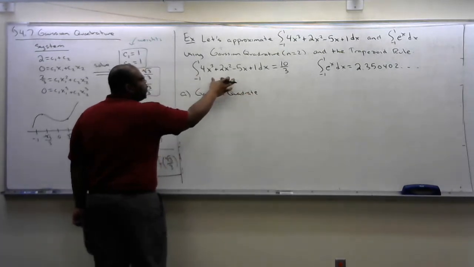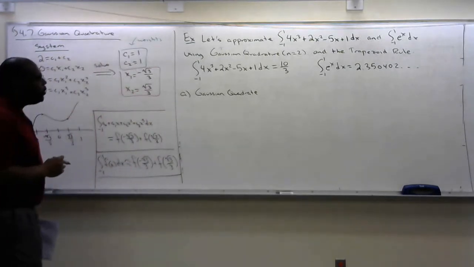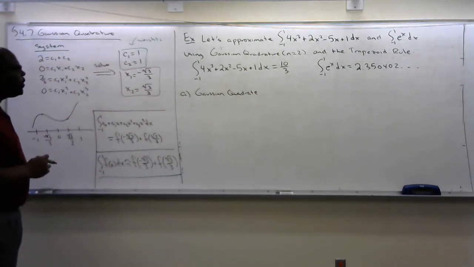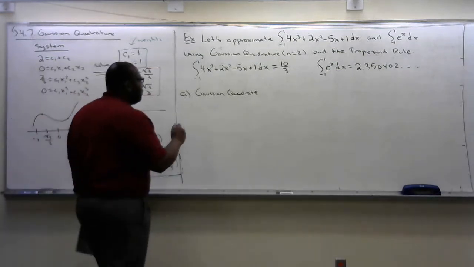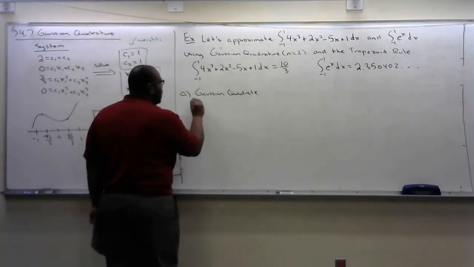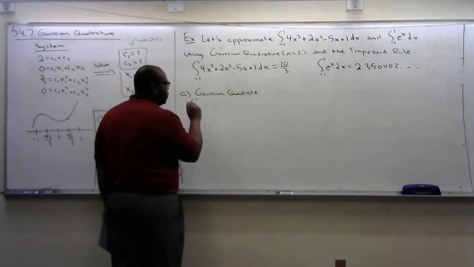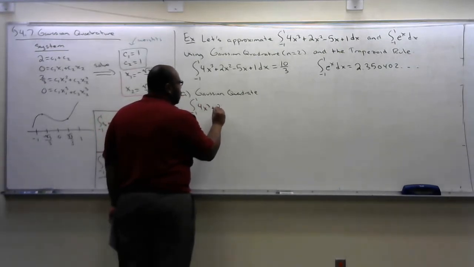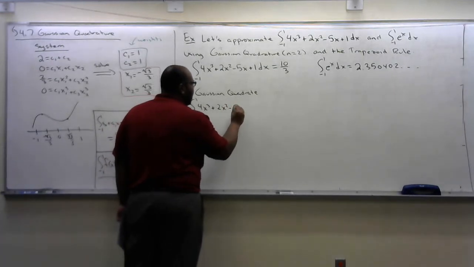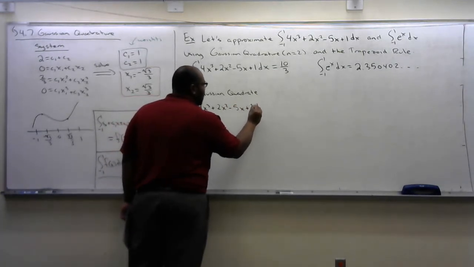Suppose we want to approximate the integral from -1 to 1 of 4x cubed plus 2x squared minus 5x plus 1. Okay, so let's plug that in. 4x cubed plus 2x squared minus 5x plus 1 dx.